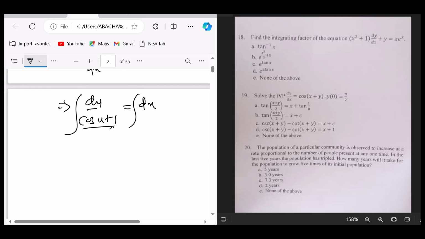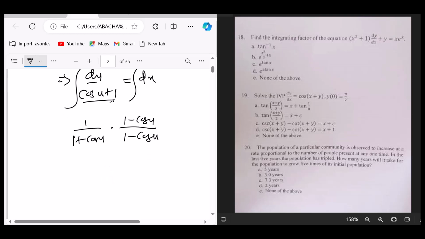This is just calculus, so if you multiply by the conjugate pair, that's just 1 over (1 plus cos u) times (1 minus cos u) over (1 minus cos u), so 1 minus cos u is the conjugate.